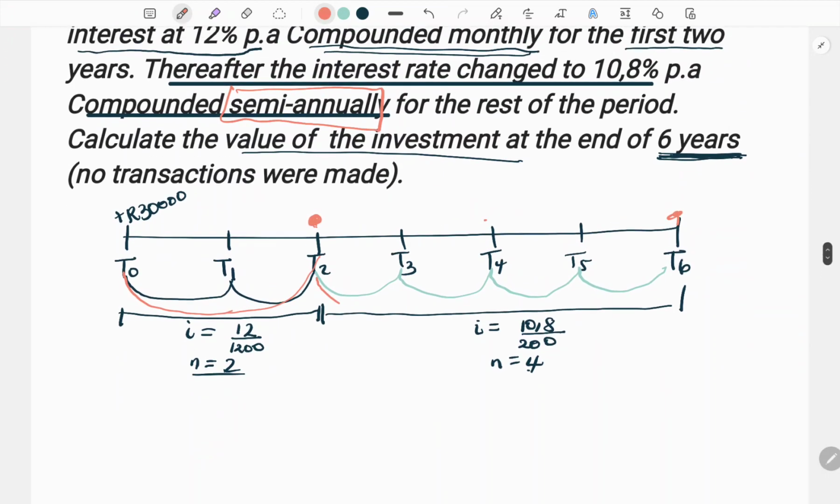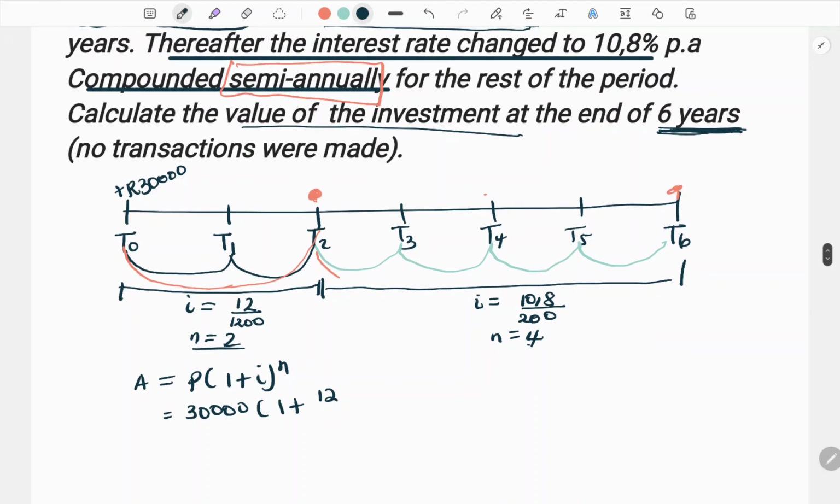So it's going to be what? For the first 2 years, A is equal to P(1 plus i) exponent of n, which is 30,000 (1 plus. Guys, when you have completed your timeline correctly, then the calculations are going to be easy for you.